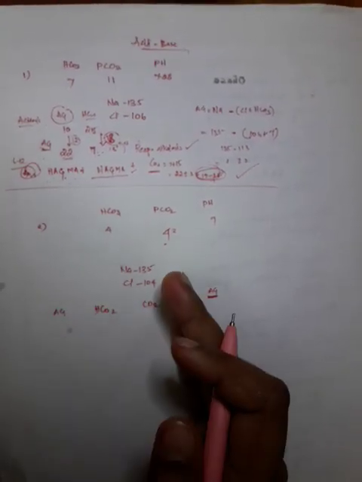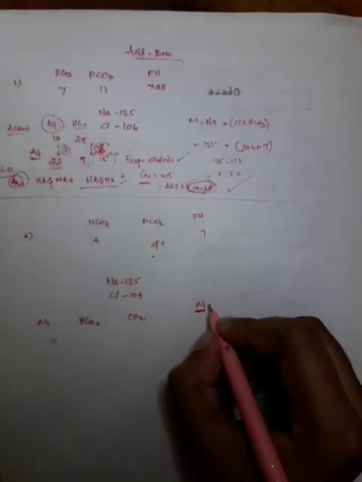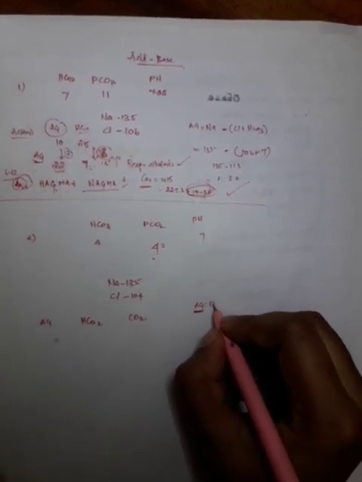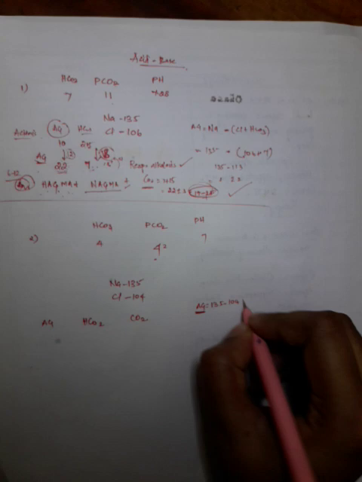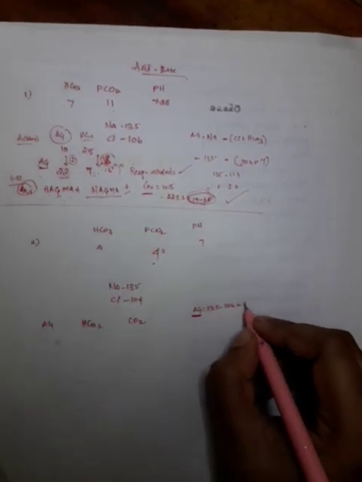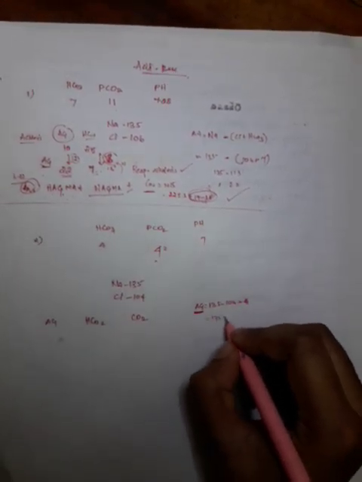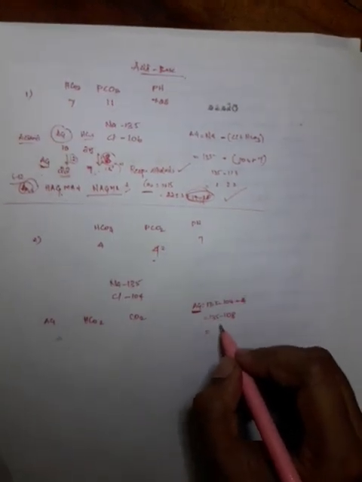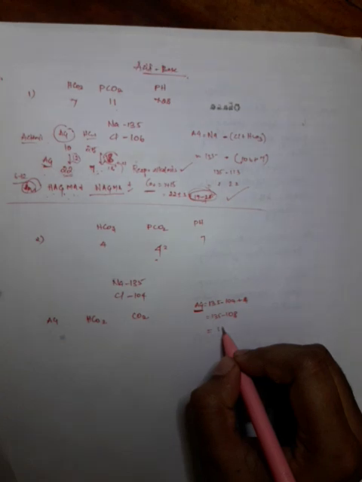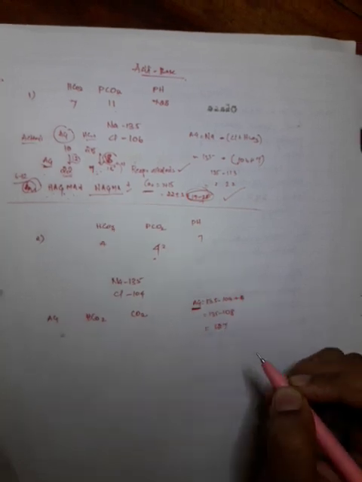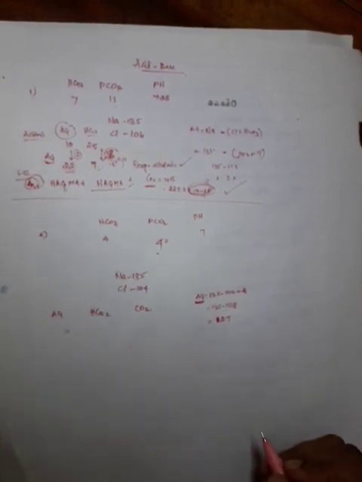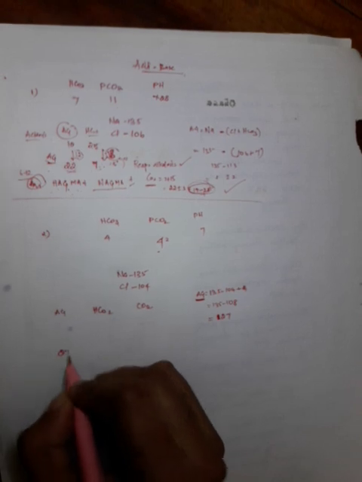So anion gap is sodium minus chlorine plus bicarbonate. 135 minus chlorine, which is 104, plus bicarbonate 4. 104 plus 4 is 108. 135 minus 108 is 27. So the anion gap is 27.